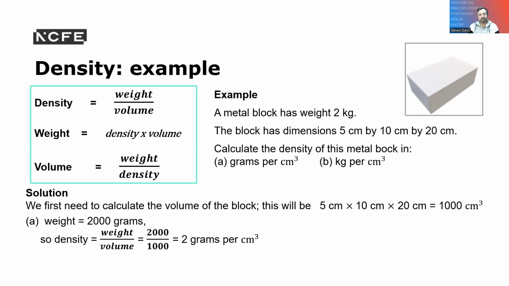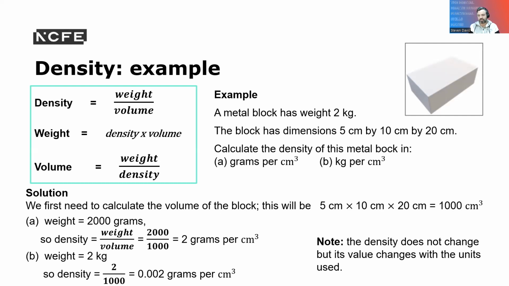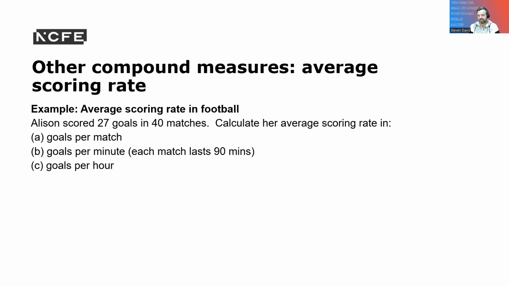Weight is the top one, 2,000 grams divided by the volume, which is the 1,000 centimeters square, equals 2 grams per centimeter square. So the density is 2 divided by 1,000 equals 0.002 kilograms per centimeter square. Note the density has not changed, but the value changes with the units used.